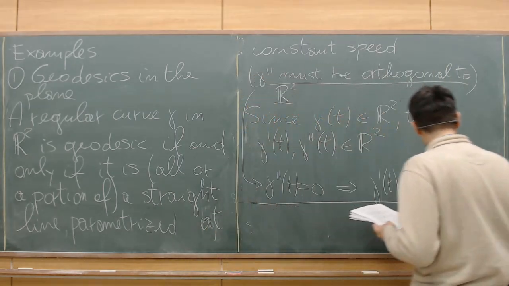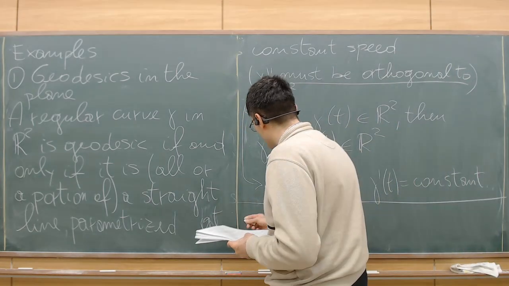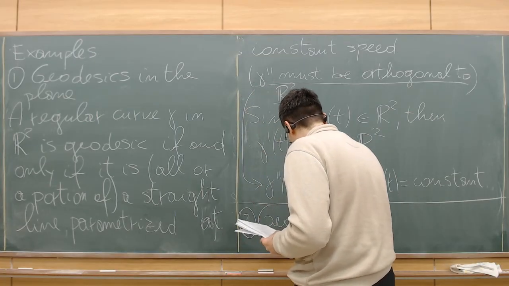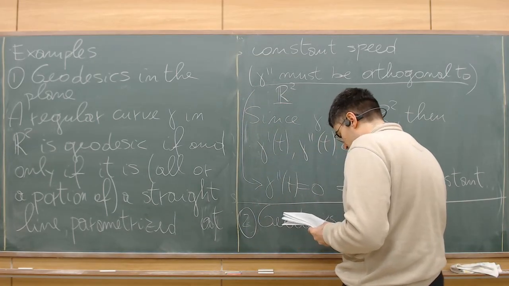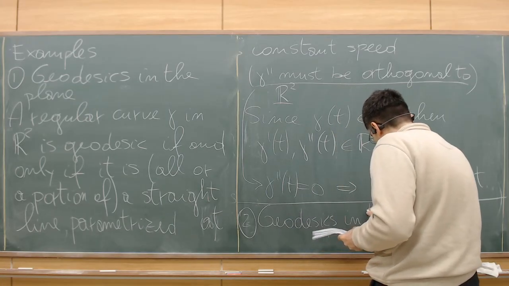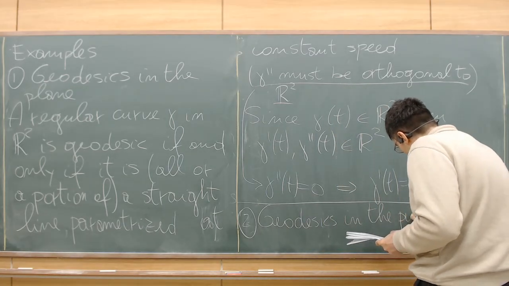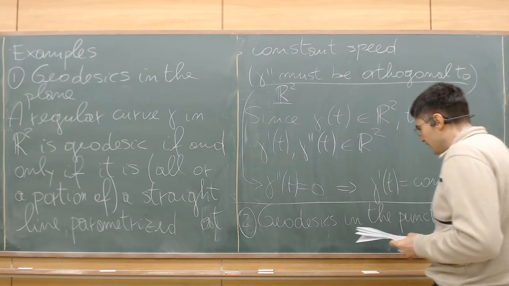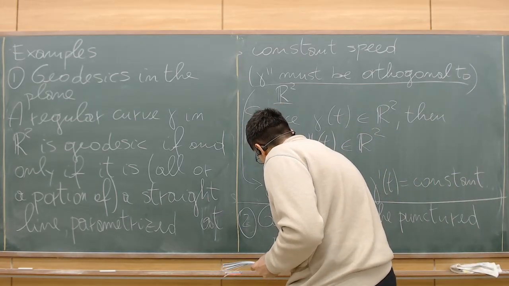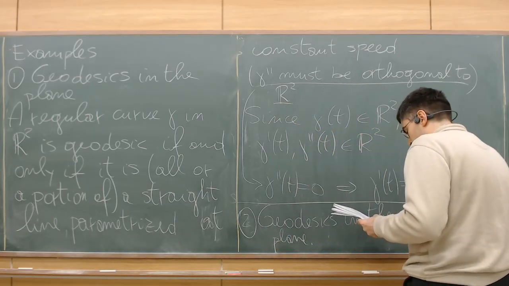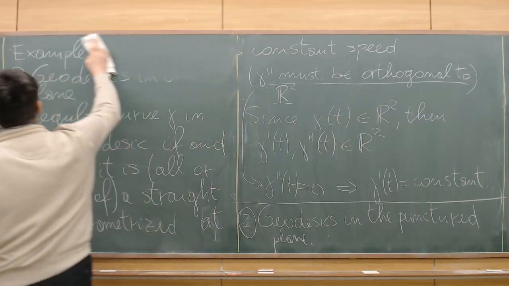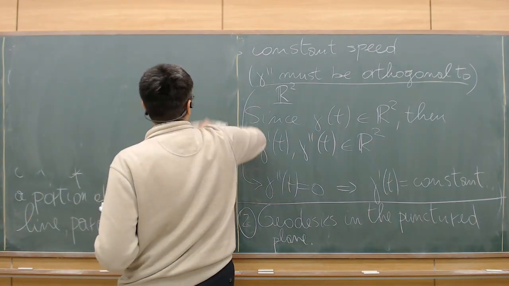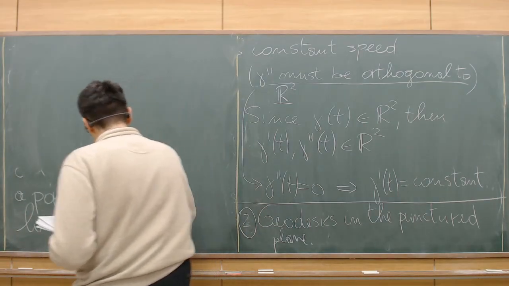Example number 2. Geodesics on the punctured plane. What is a punctured plane? It's a plane for which we remove some points.